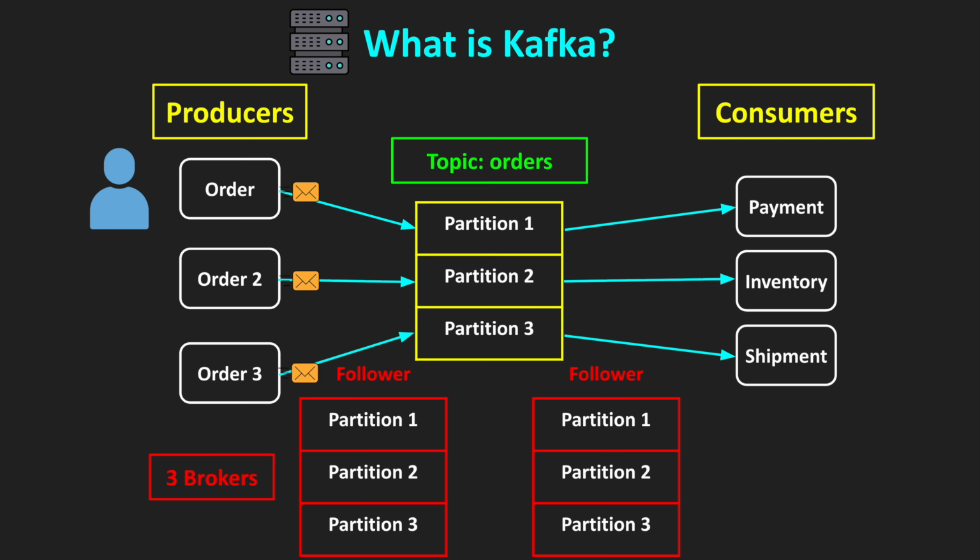One is the main, and the 2 others are the followers. So let's say that we have replicated the messages for partitions 1, 2, and 3 into other instances also, and let's say that our main instance crashed. In that case, Zookeeper, which is used with Kafka, will promote one of the follower instances to be the leader instance in Kafka.